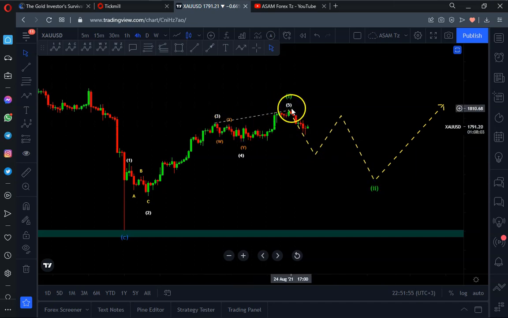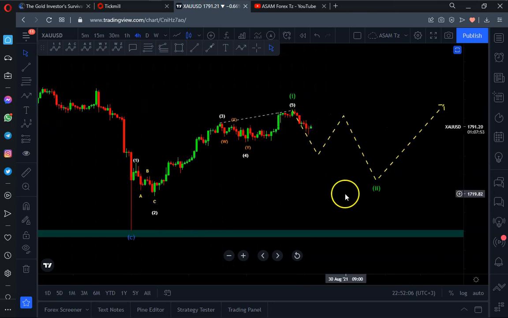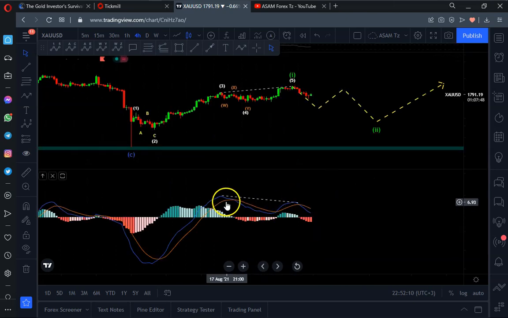After having divergence, I look at other things. I incorporate things like wave counts. I already have 5 waves up, so I expect a correction here, can be an ABC or anything else. So I incorporate things including what is seen on MACD, things like divergence and other things.